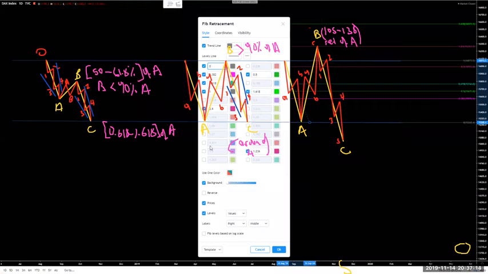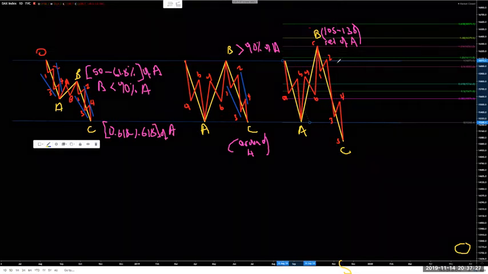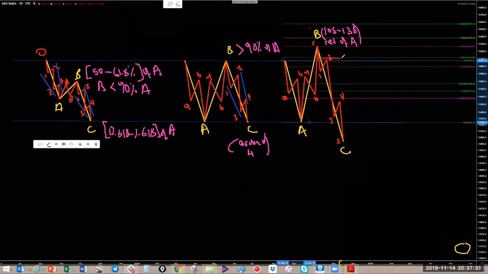Where is 105? 138 we've got. Now we need 105. There it is. Now I've got all the levels. Now your wave B should be above 105 and should not go above 138. It can be within that range, and this is a guideline.